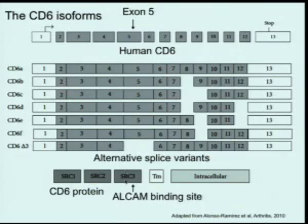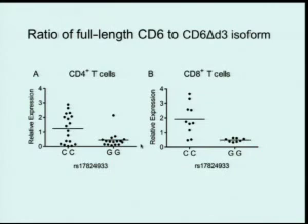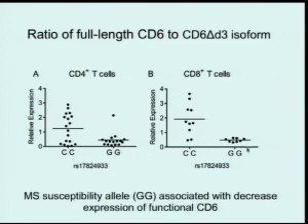This particular SRC3 region is the ALCAM binding site, and basically the CD6 delta 3 has the ALCAM binding site deleted from it. So we looked at the ratio of full-length CD6 to the CD6 delta 3 isoform and found that if you have the GG variant, that is the MS susceptibility allele, it's associated with decreased functionality, and we splice out the ALCAM binding site.